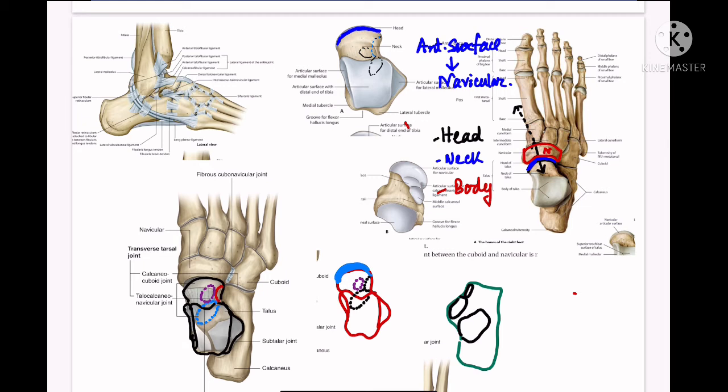Now inferior surface of the head presents three articular facets. Now how do we study the inferior surface? Look at this picture. Here we have made the talus transparent, and through the transparent talus we can see the under surface of the head, and I have marked three dotted articular facets in three different colors.